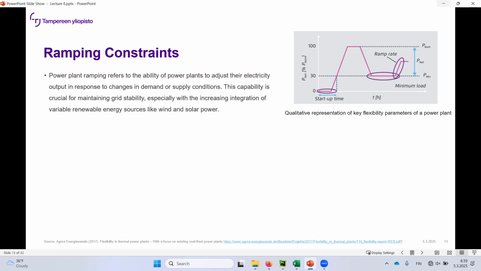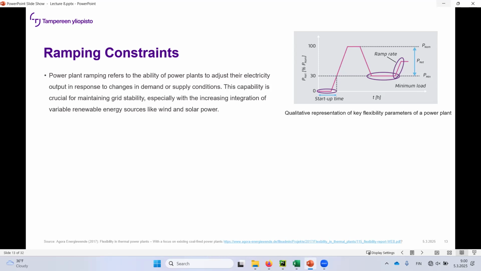Then you have a certain ramp rate, and that is something that's really hard to kind of deduce based on modeling. So usually you're going to have certain average ramp rates for those plant types. So it's good if you have time series based information on how fast you can adjust a certain power plant.